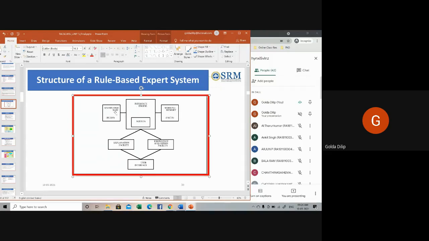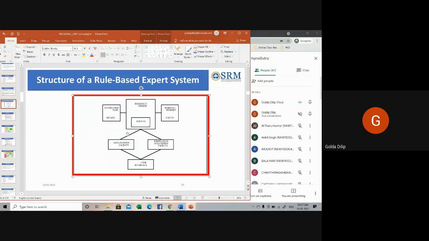That's what inferencing is. The inferencing strategies, forward chaining and backward chaining, we discussed in the session one week back, so I'm not going to repeat them. Maybe at a later point of time, you can look into it.